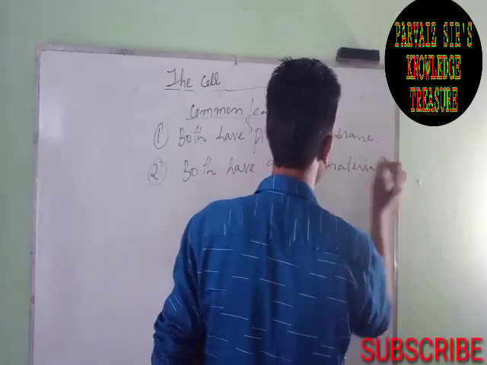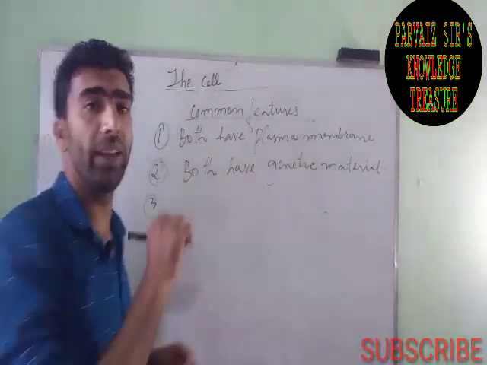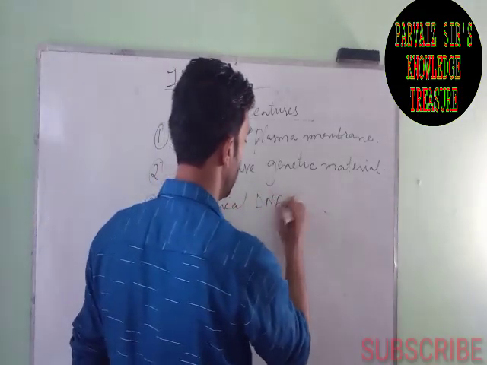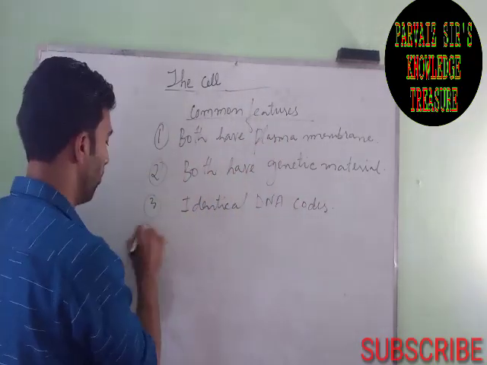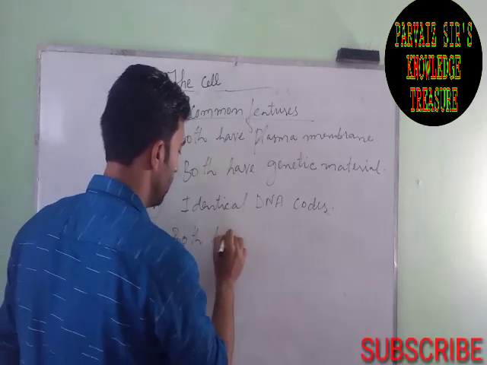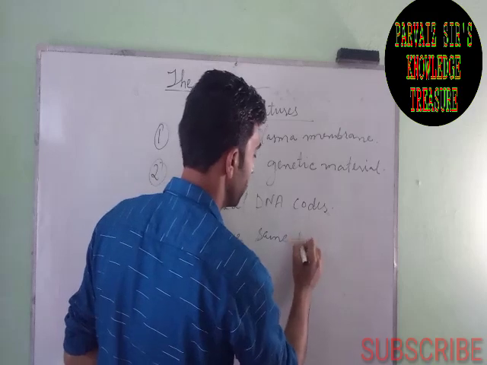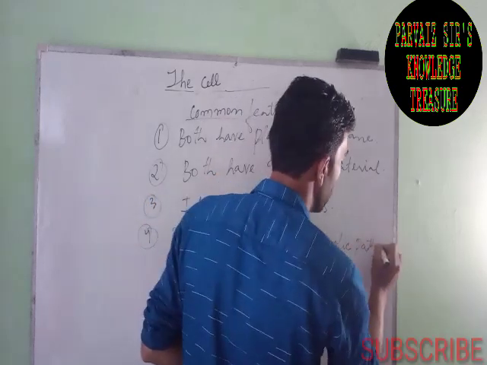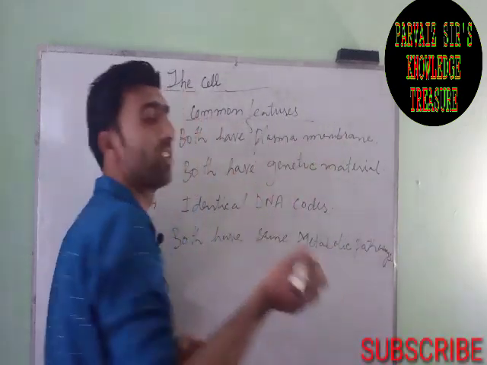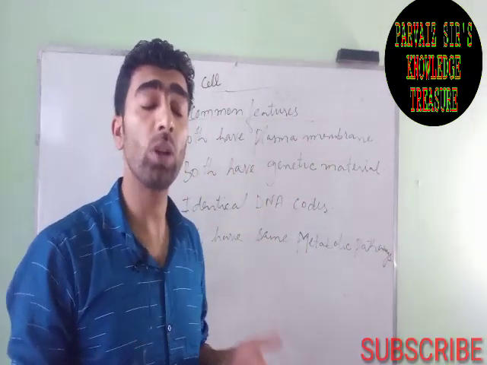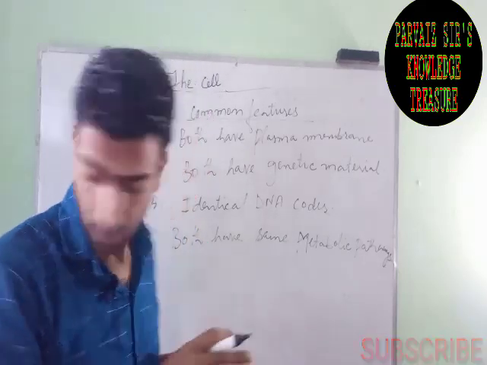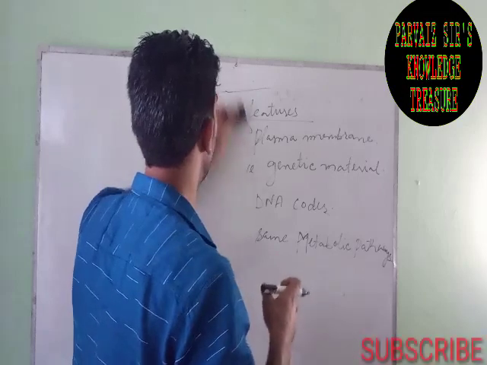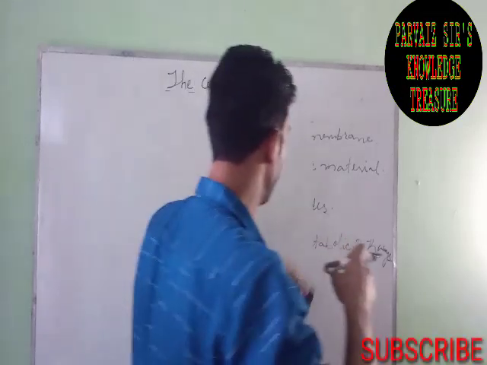Third, both have identical DNA codes. Fourth point, both have the same metabolic pathways, like glycolysis, TCA, ATP synthesis, etc. Both metabolic pathways occur in the same manner. But there are many differences between prokaryotic cells and eukaryotic cells, which we will be discussing soon.